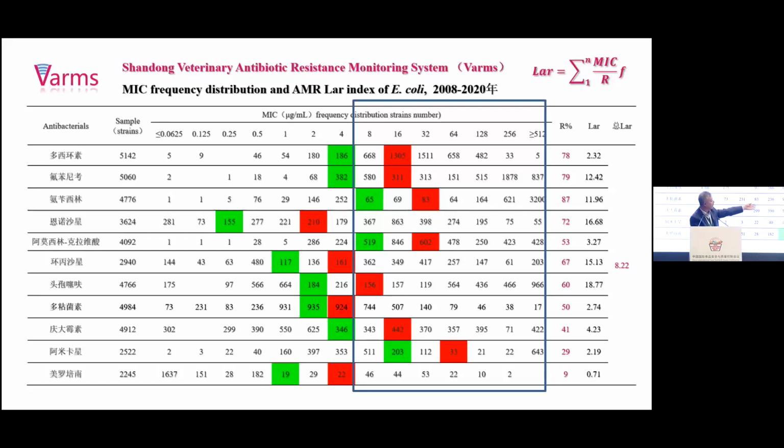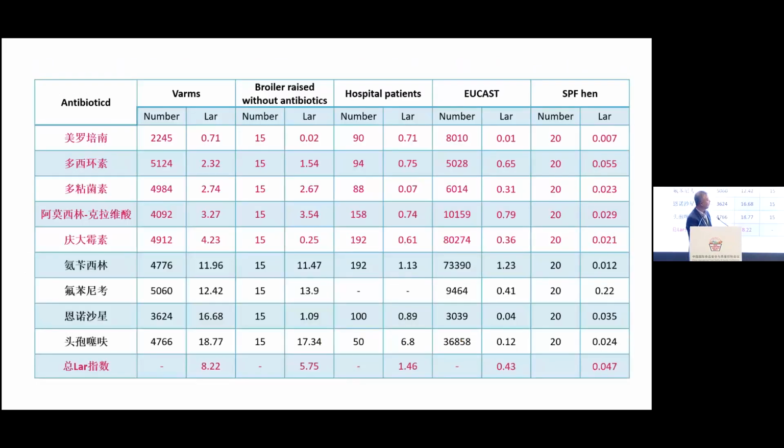So this rate is 80 or 70%. We have this weighted average of MIC and subdivide that, and we get a large value, it's 8.22. This method is easy and straightforward.